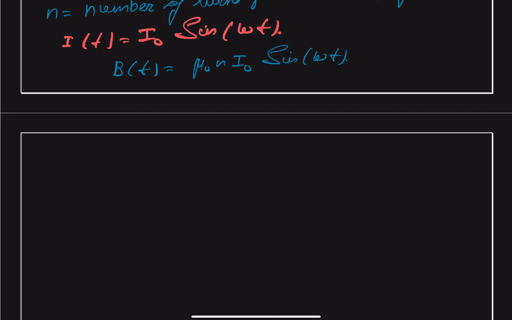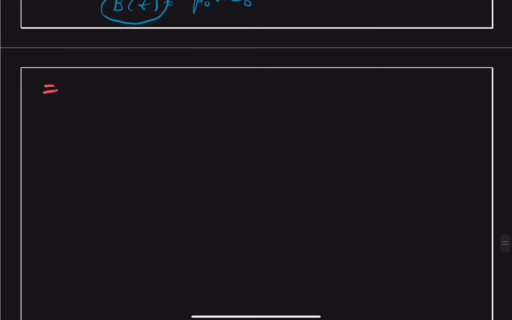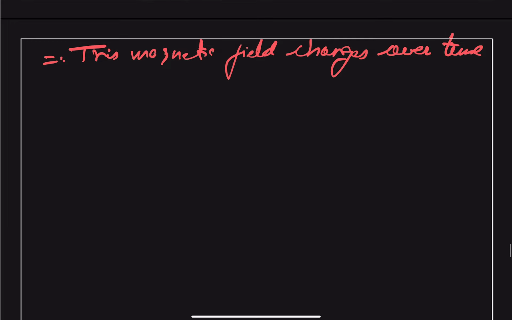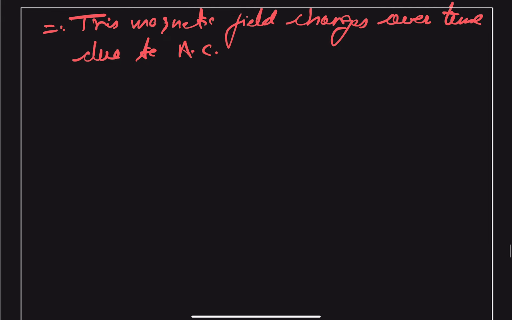So we can also say that this magnetic field changes over time due to the alternating current. Now we can find out the induced EMF in the conducting ring.